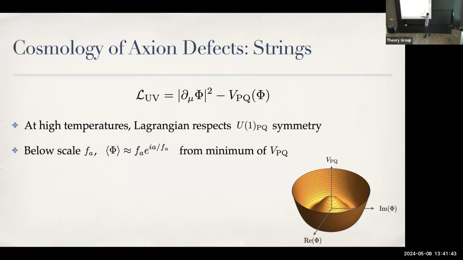And this vacuum expectation value is such that the magnitude is f_a, that's the axion decay constant. And the axion that we know and love is just the angular degree of freedom of this complex scalar field. So the axion parametrizes basically which minimum you are at along this rim in the complex space.